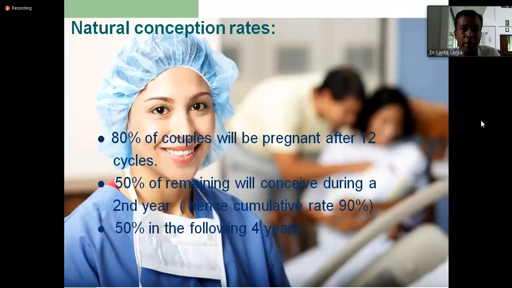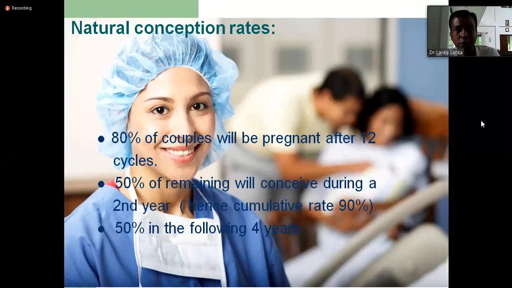If you wait for another year, 50% of the remainder who did not conceive will conceive, so the cumulative rate is 90% at the end of 2 years. If you wait without any treatment for another 2 years, another 50%, so by the end of 4 years, 95% of them get pregnant naturally without any interventions.